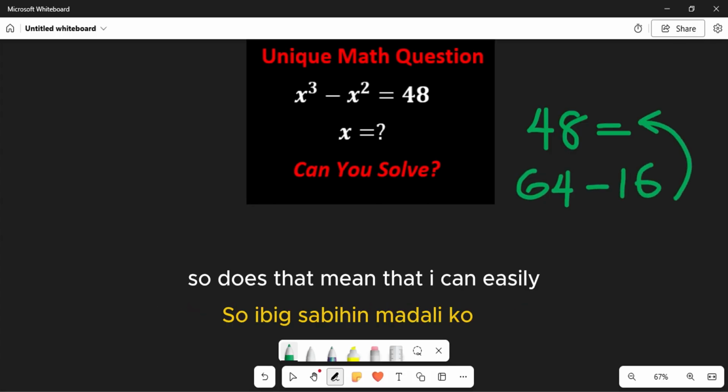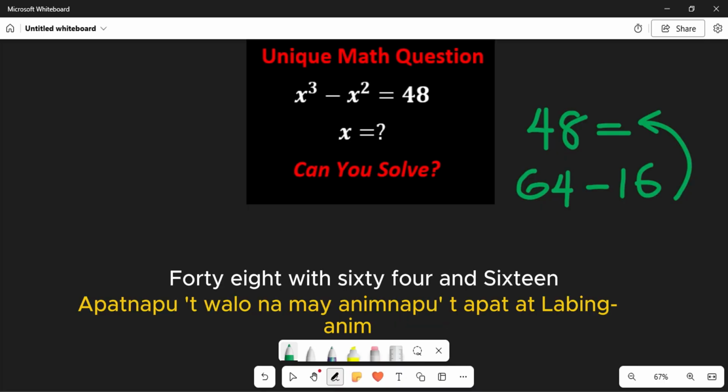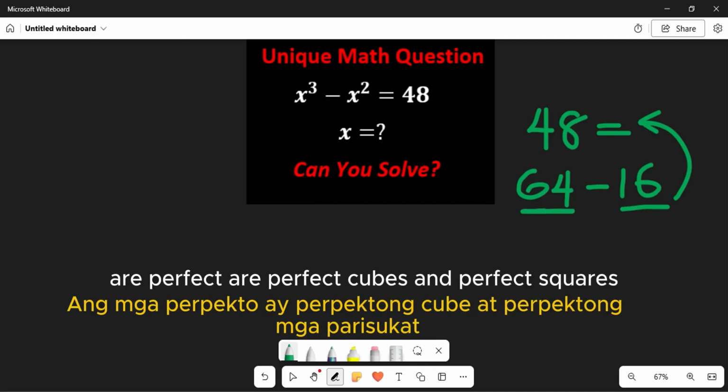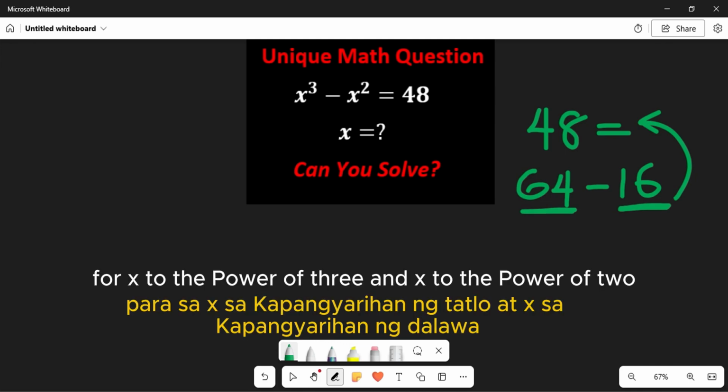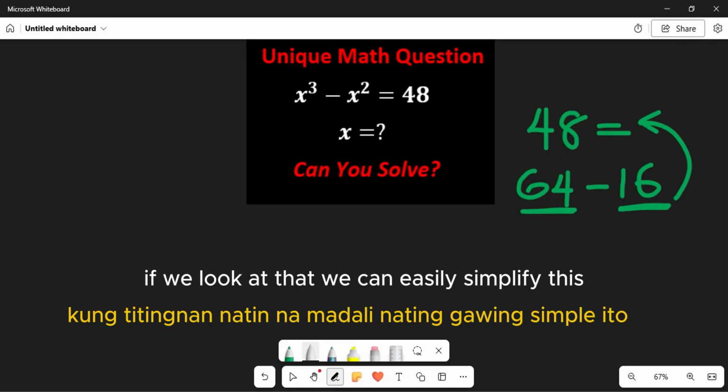So that means I can easily replace 48 with 64 and 16, because 64 and 16 are perfect cubes and perfect squares for x to the power of 3 and x to the power of 2. Now let's look at that. If we look at that, we can easily simplify this.